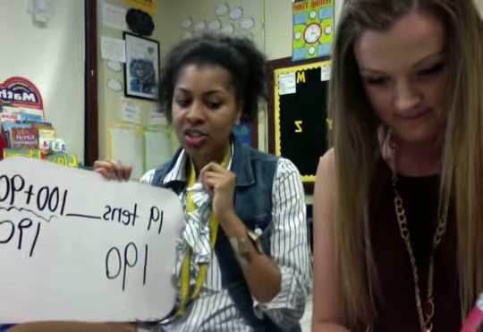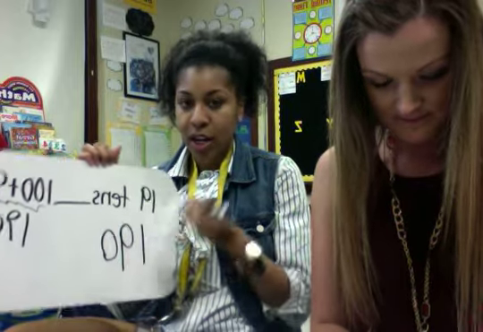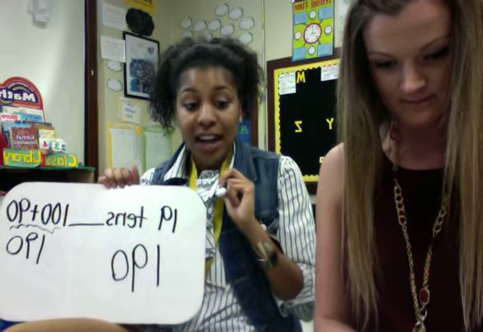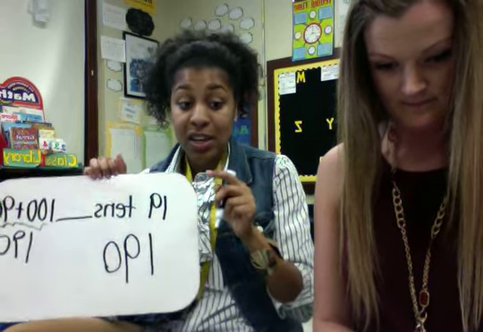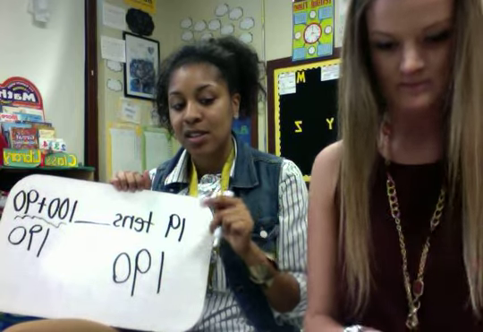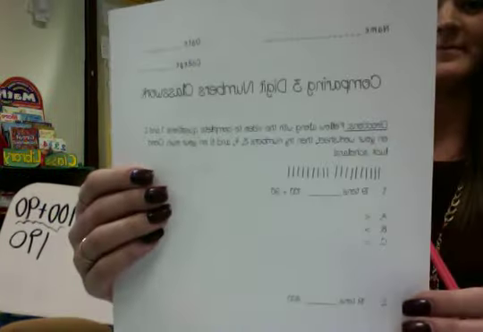Miss Smith is getting ready for number 1, and right now she is drawing her 19 tens right above where it says 19 tens. As soon as she gets done, she's going to show that to you.